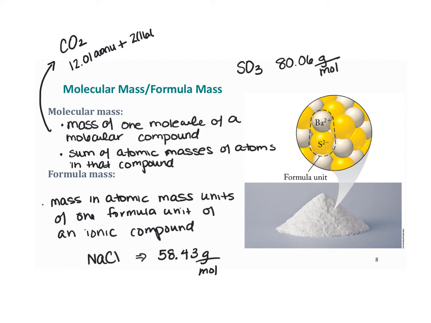So 2 times 16 AMU, that equals 44.01 AMU. Now, we could also say that's 44.01 grams per mole. I'm going to be really honest, we're going to use grams per mole more than anything else. That's really going to become second nature as far as the unit that we use for molecular mass and formula mass.